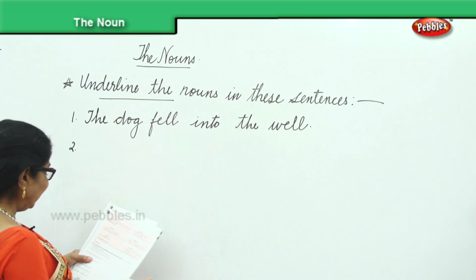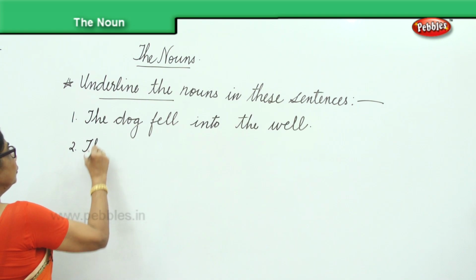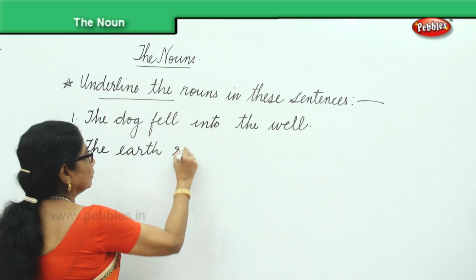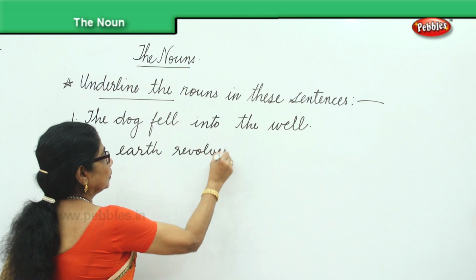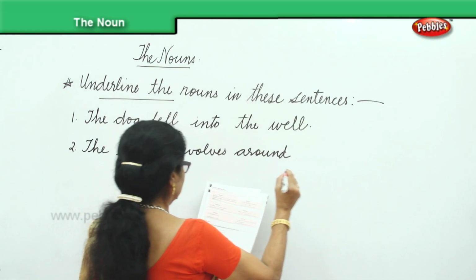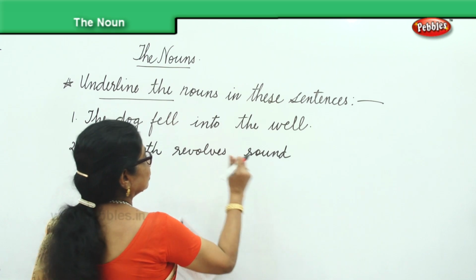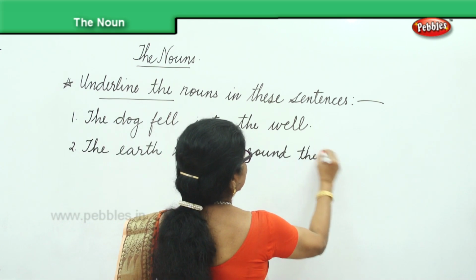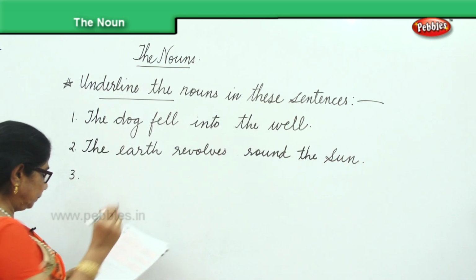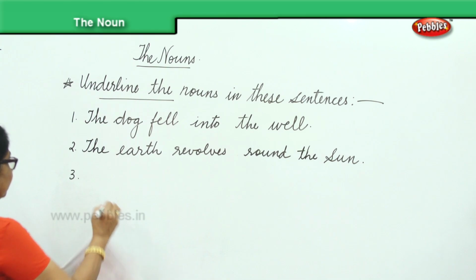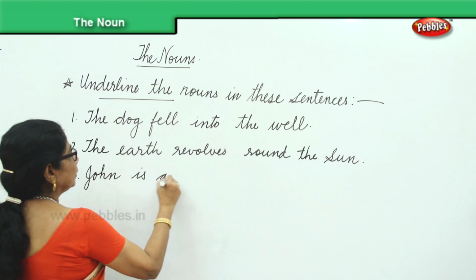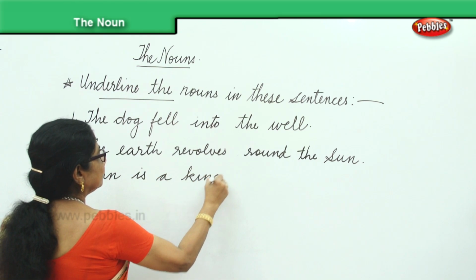Then, the earth revolves around the sun. Then we have John is a kind boy.